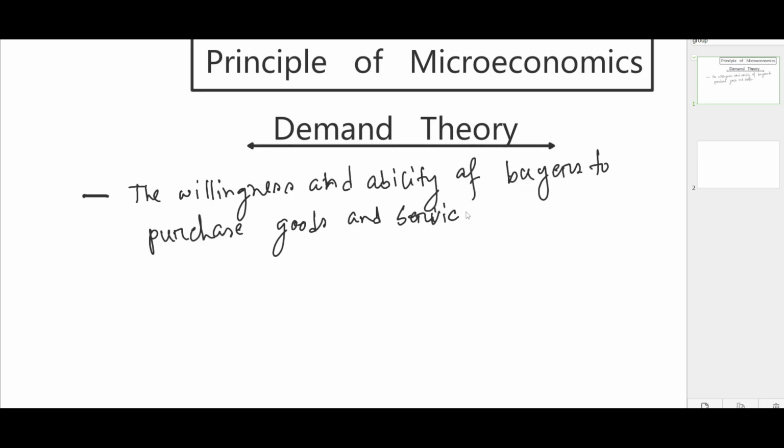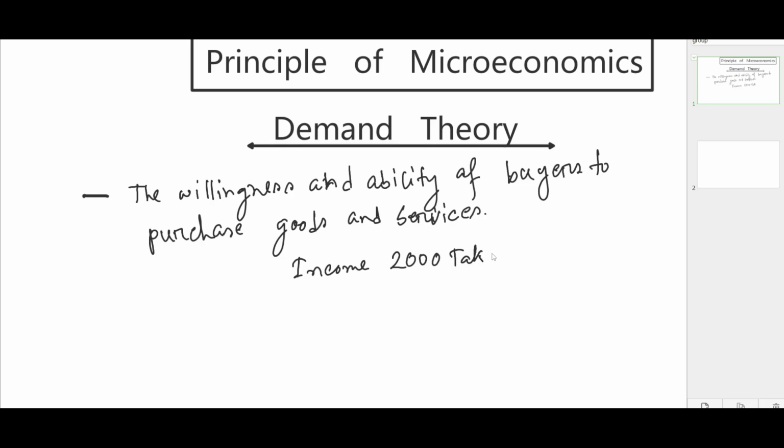This means a consumer can demand anything, but the willingness and the ability of consumers to purchase goods and services is necessary for fulfilling the demand. Suppose my income is 2000 taka.